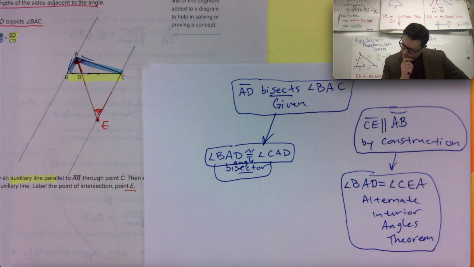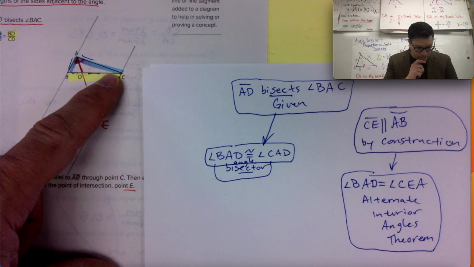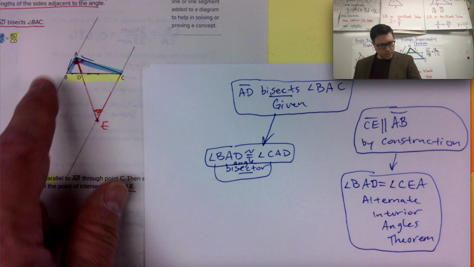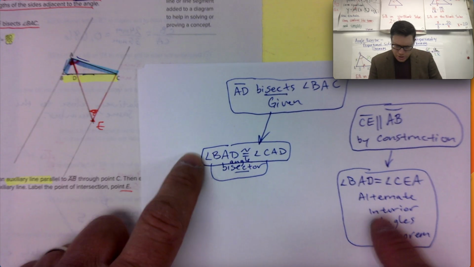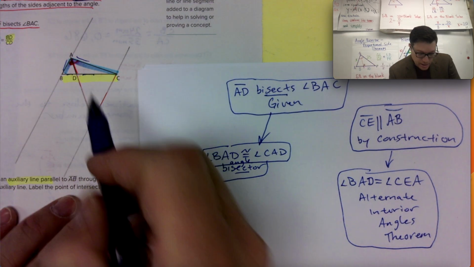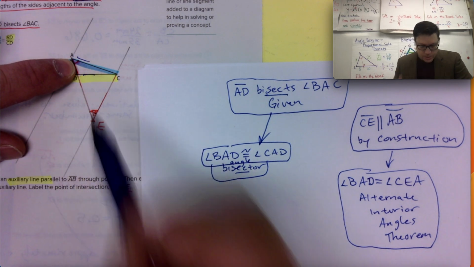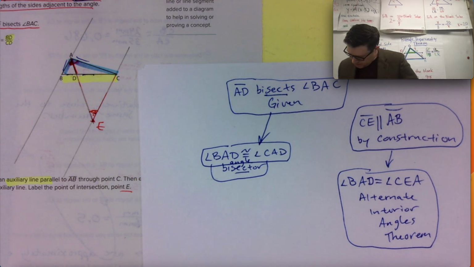What else do we have here? We have EAC. Oh, interesting. Okay, so BAD, that angle, and CAD, that angle, these two can be brought together because this angle and this one are also the same. So I can say, let me get this one that I need to say it.